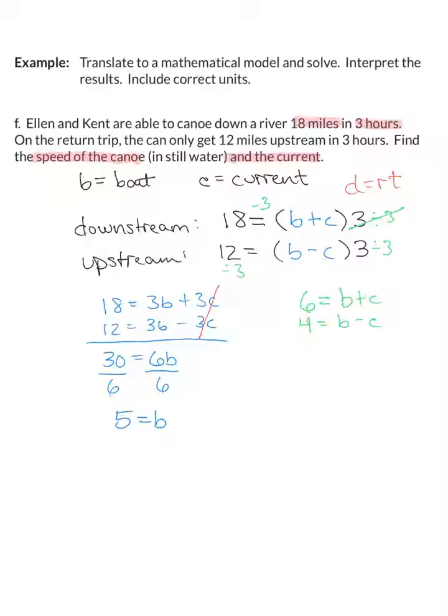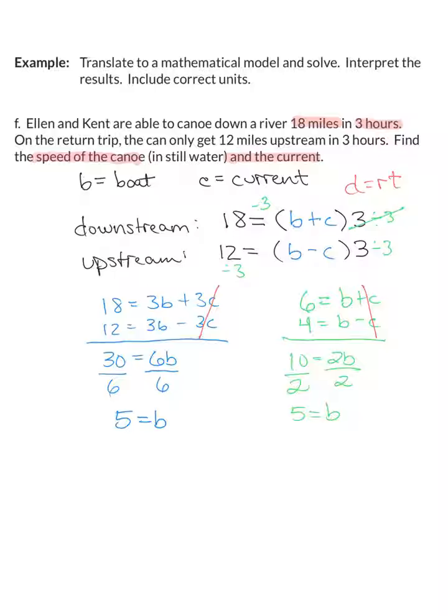Now in terms of the first part of this, in terms of solving for the first variable, it doesn't matter because it's going to involve the same thing. So note here, if we add straight down, we get 10 equals 2b. My c's still cancel, and we can divide by 2. We get 5 equals b.